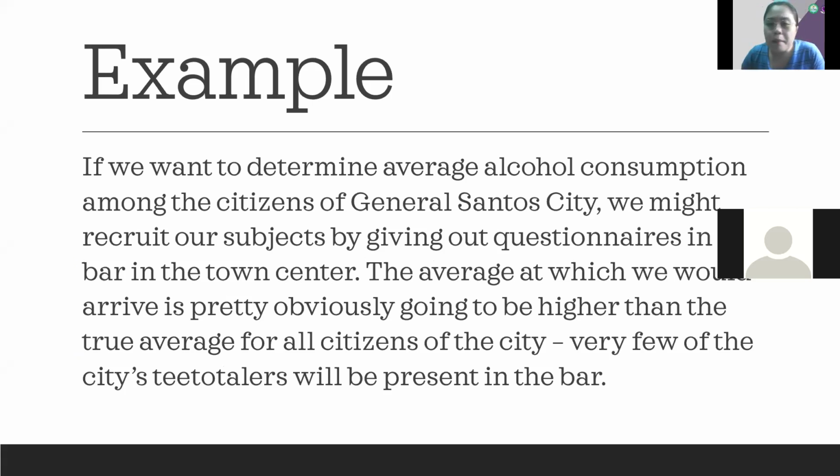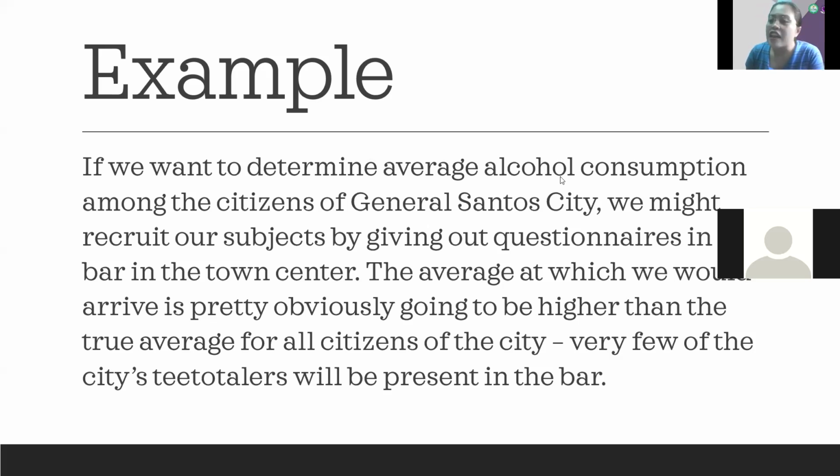Now, another example, this is not an experimentation, this is a survey. But if we read this, we will really see that there is a bias error or a systematic error. Now, if we want to determine average alcohol consumption among the citizens of General Santos City, we might recruit our subjects by giving out questionnaires in a bar in the town center.